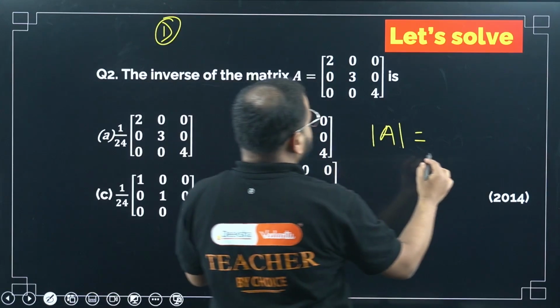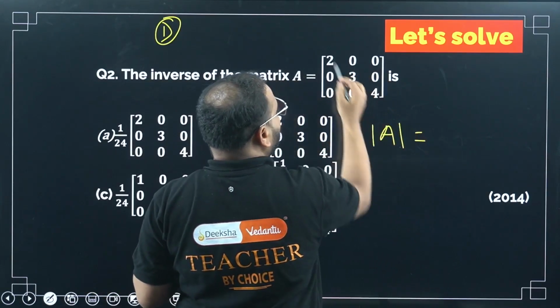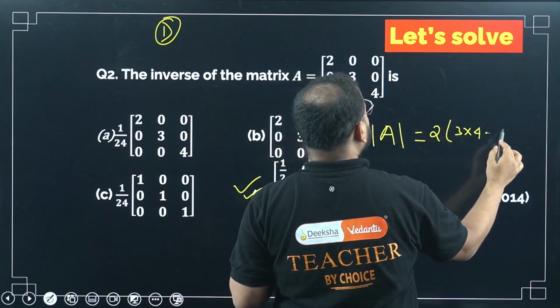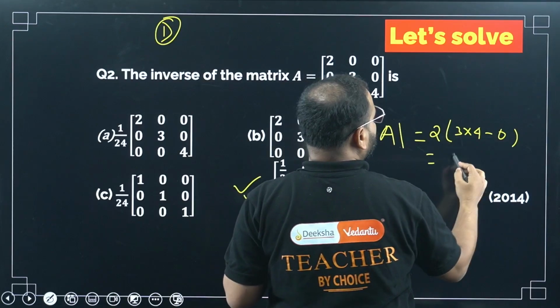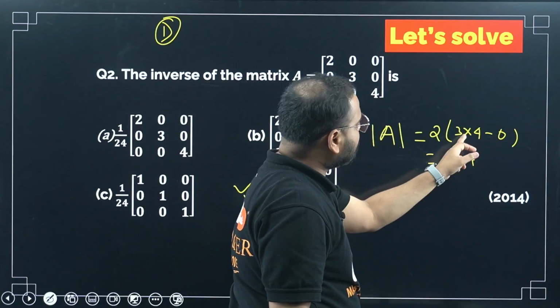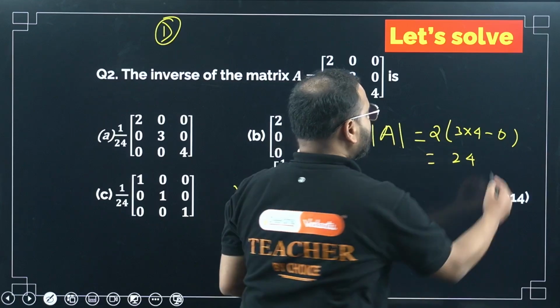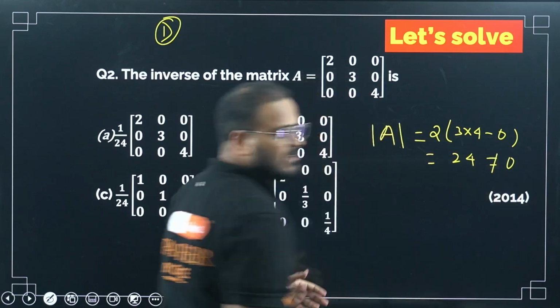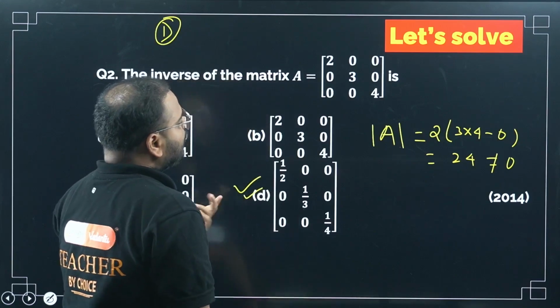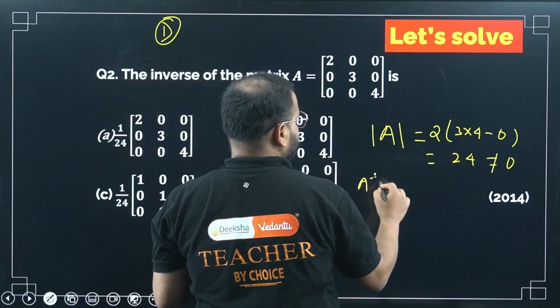So I don't have to find for 0, only for 2, I can find 2 times 3 times 4 minus 0. How much is that? 24. Yes, 4 times 3 is 12, times 2 is 24. So this is not equal to 0, a non-singular matrix, so I can find the inverse. How do I find the inverse?